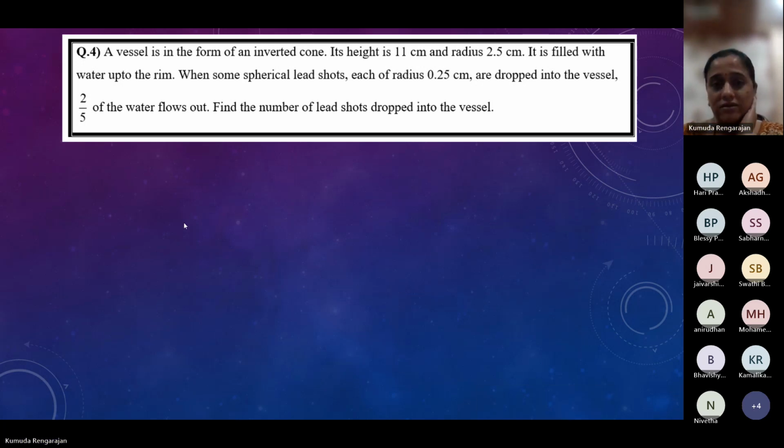So the volume of all the spherical lead shots is equal to the volume of the water that flows out. Volume of all the spherical lead shots that are dropped into the cone is equal to the volume of the water that flows out of the cone.